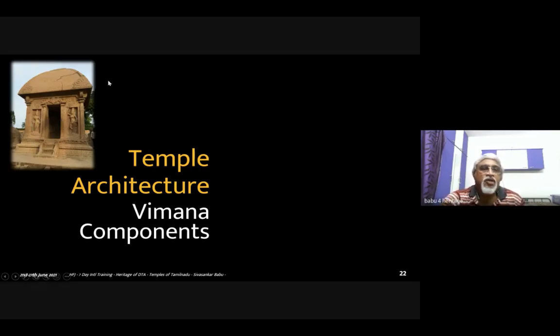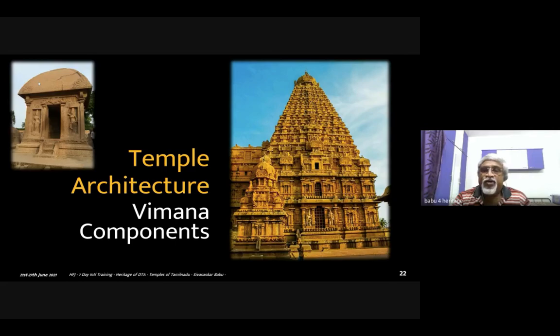The earlier structures available in Mahabalipuram reflect the kind of huts that were there around the 6th century, and they converted that into rock cut monolithic temples. This progressed into a beautiful, very complex and grand 14-tier temple like Brihadisvara by the turn of the 10th century.